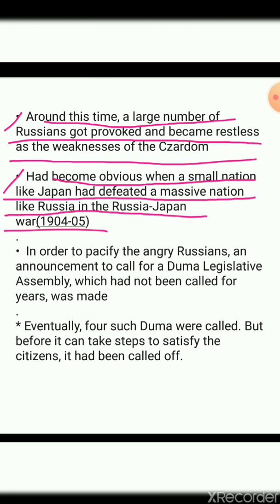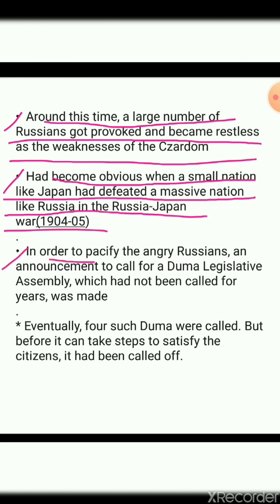Russia is said to be a very huge nation, and Japan a very small nation, and a war was held between Russia and Japan in the year 1904 to 1905. A small nation like Japan defeated the massive nation like Russia in the Russo-Japanese War.